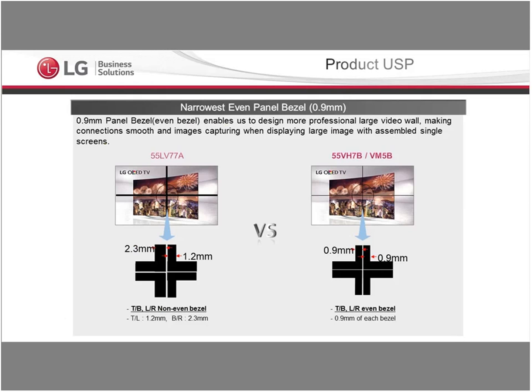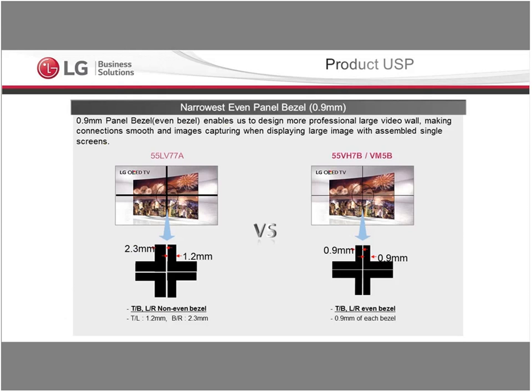So 2.3 millimeters, 1.2 millimeters combined for 3.5 millimeters, that is a noticeable gap. It can be overcome by distance, so the further away you stand, it seems as if it's not that important, but the closer you are, the more it will be noticeable. Again, ours is an even gap of 9 millimeters per panel, again, adding up to 1.8 millimeter, or as we like to call it, the thinnest bezel manufactured.